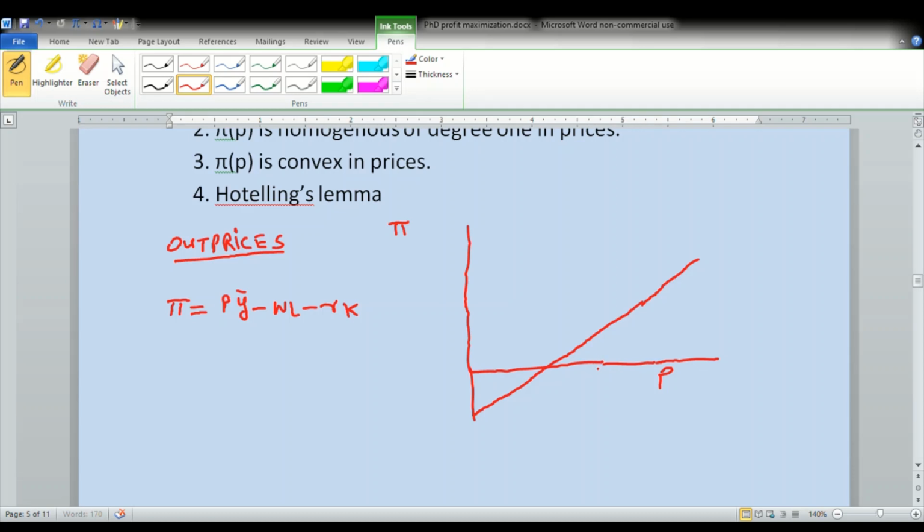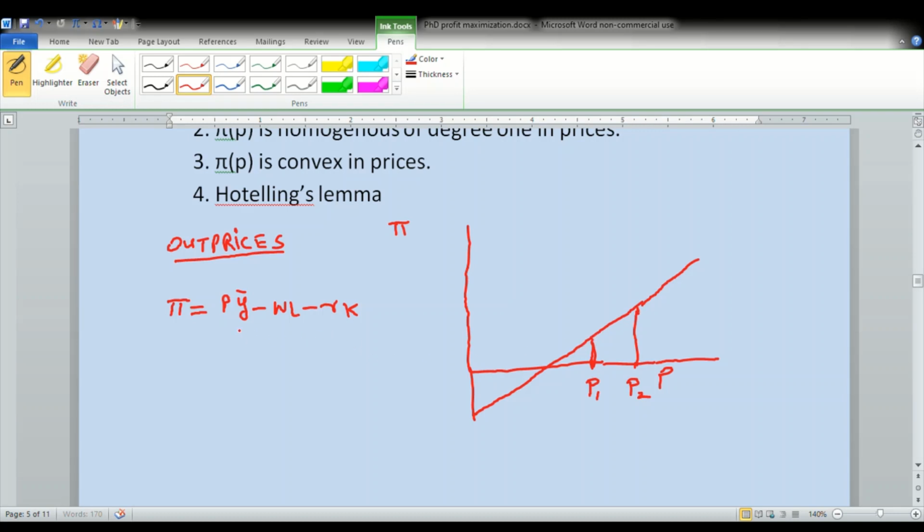Suppose that this was your first price, call it P1, and this is your second price, call it P2. This is like saying that as the output price increases from P1 to P2, your profit will be increasing even when you are not changing the output.